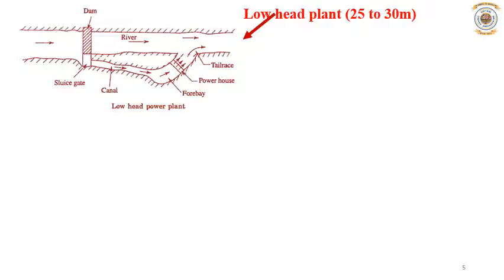The sideways stream diverges from the river at the dam. Over this stream, a powerhouse is constructed. Later this channel joins the main river further downstream. This type of plant uses a vertical shaft Francis turbine or Kaplan turbine, which are termed low head turbines.